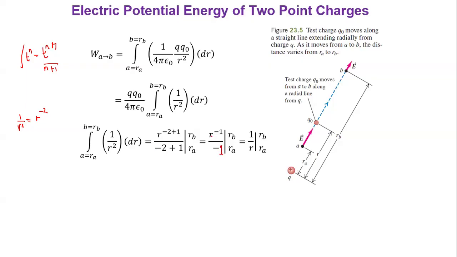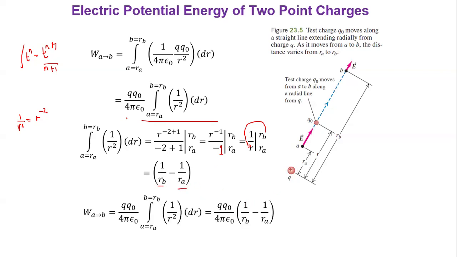We have negative 1 over r, evaluated from RA to RB. Since this is the integral of that term, we put in the upper boundary RB minus the lower boundary RA, and substitute it back. So we have q sub O over 4 pi epsilon naught times this one.